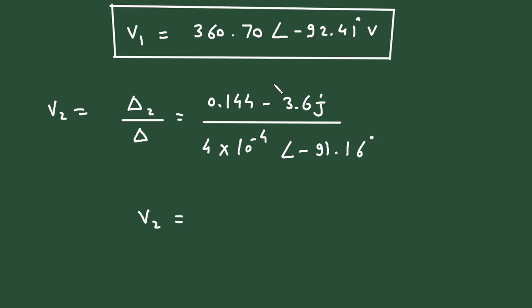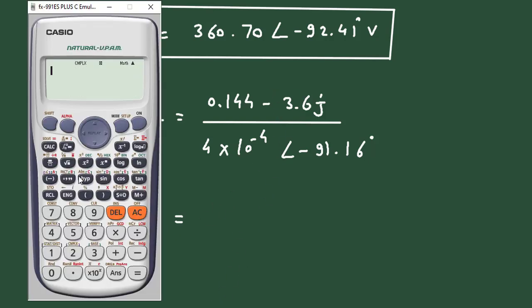So V2 is equal to this upon this: 0.144 minus 3.6 j divided by 4 into 10 to the power minus 4 at an angle minus 91.16.